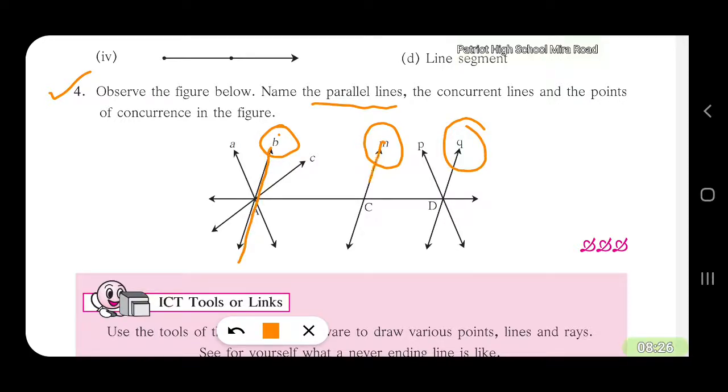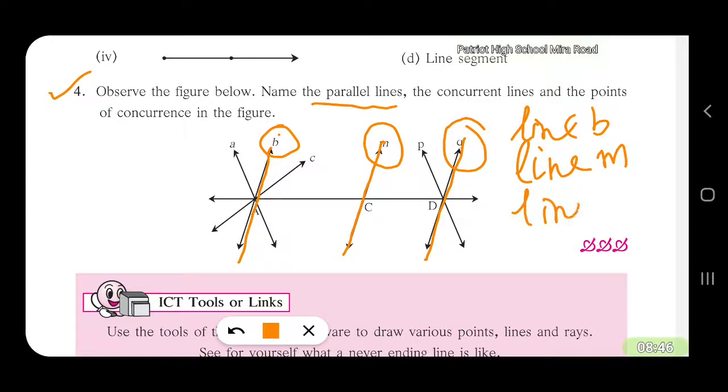So we can confirm it. So these are the parallel lines. This is one set of parallel lines, that is line B, line M and line Q. These are the three parallel lines.